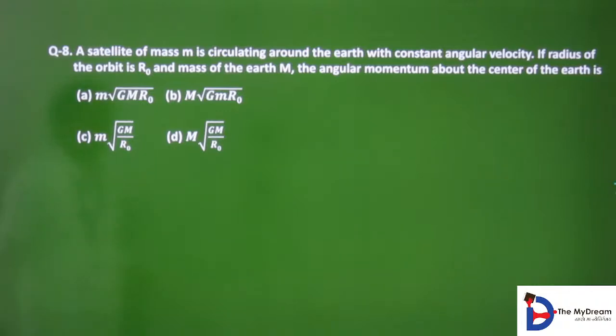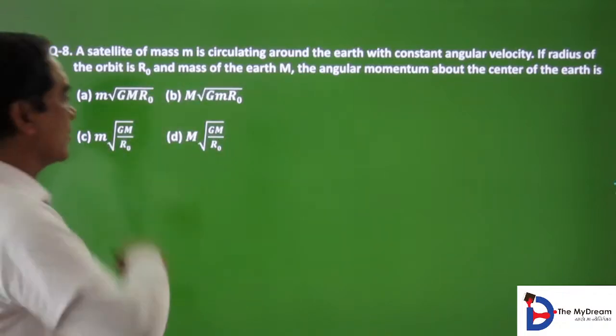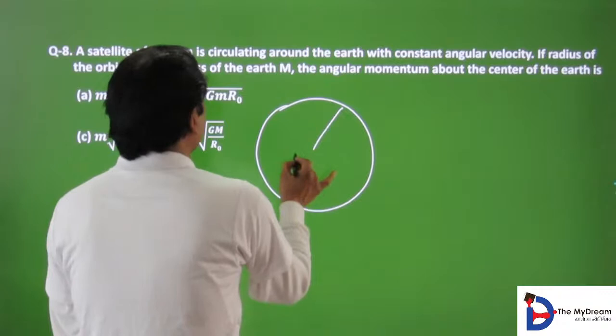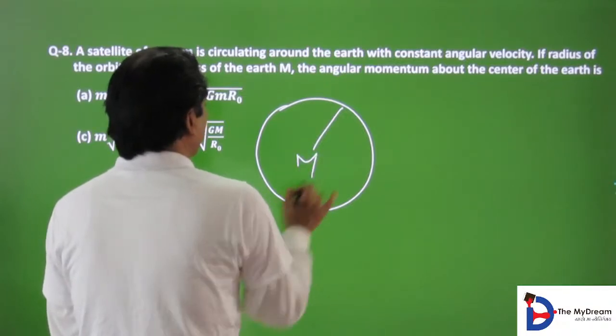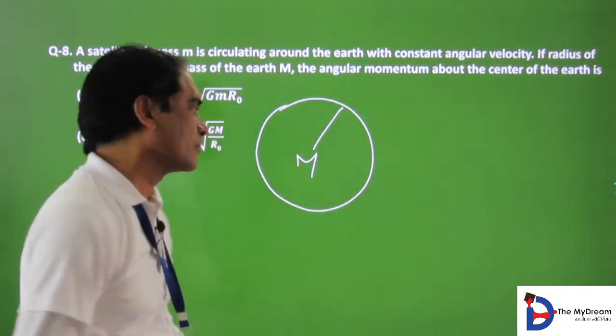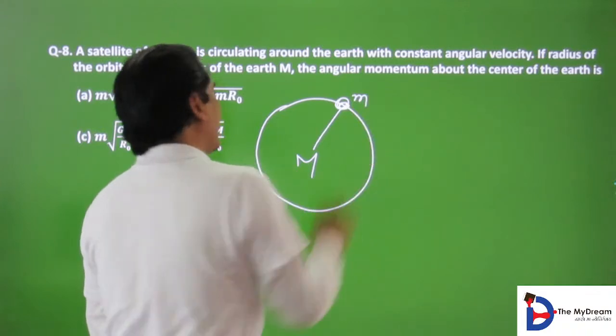Now, a satellite of mass small m is circulating around the Earth. This is the Earth. The mass of the Earth is represented by capital M. This is a satellite of mass small m.